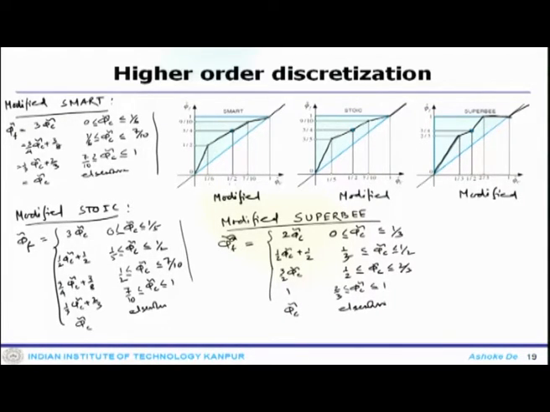So, that is how. Now, there are some other methodologies which also exist in the literature like CLAM, Utopia, SHARP, Ultra SHARP, so these are also different schemes.